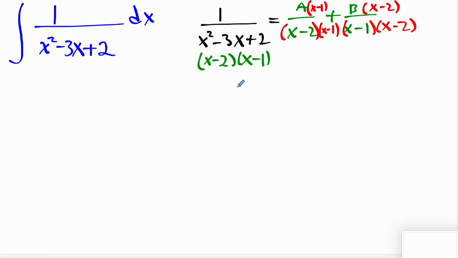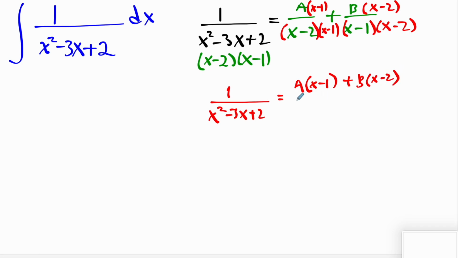Okay, so on the left side, we have 1 over x squared minus 3x plus 2. And on the right side, we have a times x minus 1 plus b times x minus 2 all over the common denominator.